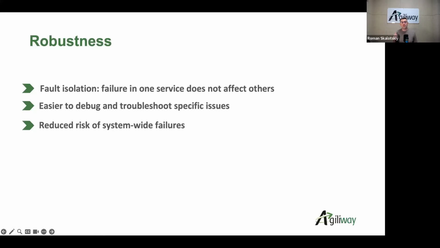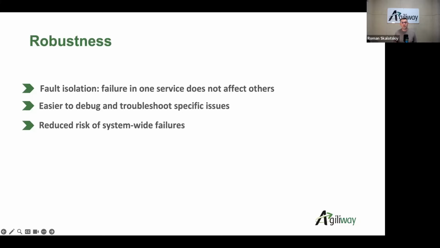Robustness is further enhanced through redundancy, where the critical services can be duplicated and the load balanced. Additionally, microservices often incorporate automated monitoring and recovery mechanisms, allowing for quick detection of issues.